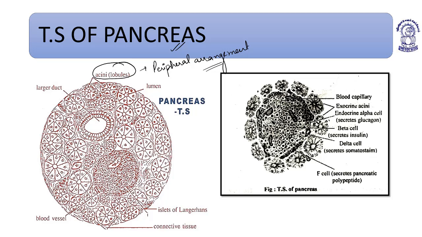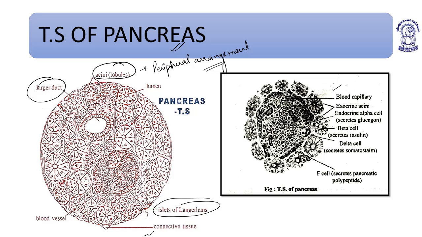So these acini are always at the peripheries. The inner part has the larger ducts. These are the larger ducts, these are the blood vessels, these are the islets of Langerhans, and this is the connective tissue.